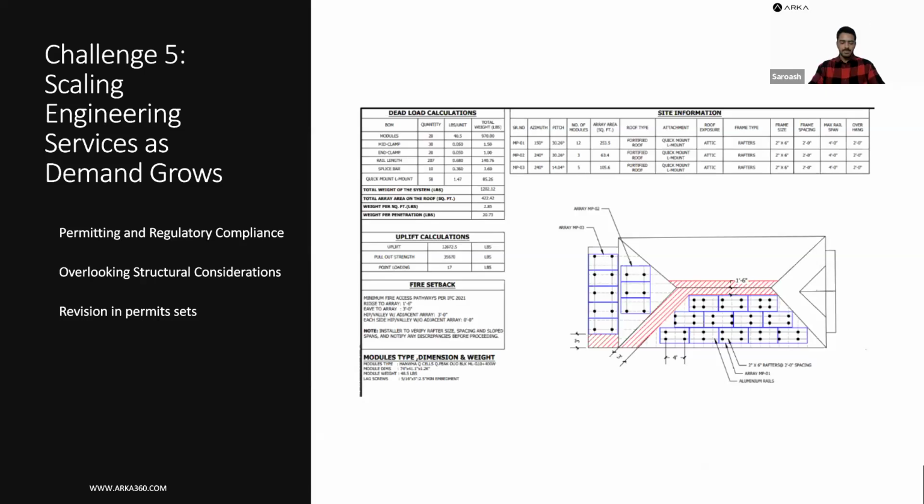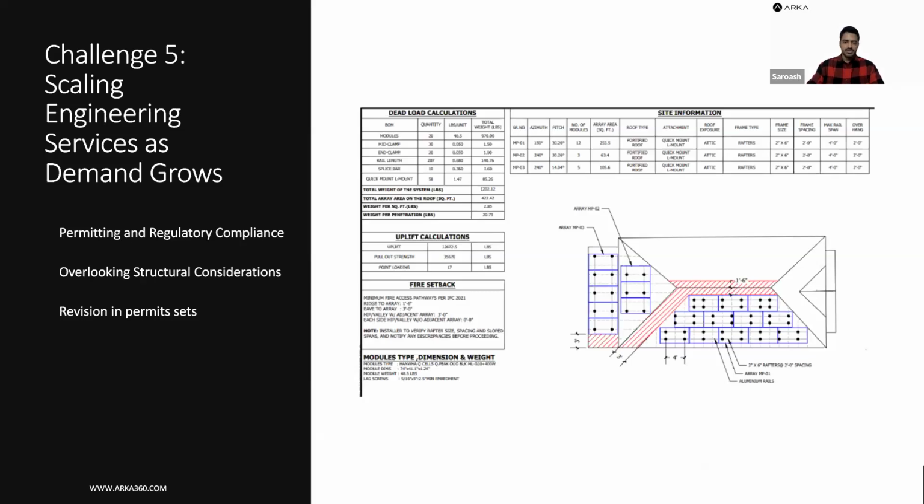Yeah. The next challenge, and it's painful for all the installers that I've met so far, is essentially engineering services meeting the requirement of growing demand and the permitting process. Most of the time, you might have done the design and closed the deal. Now it's time to put together the permit plan, send it to the AHJs and get their approval.